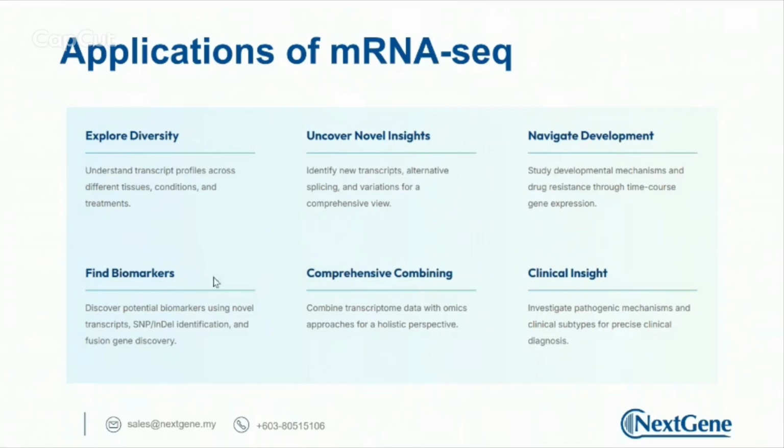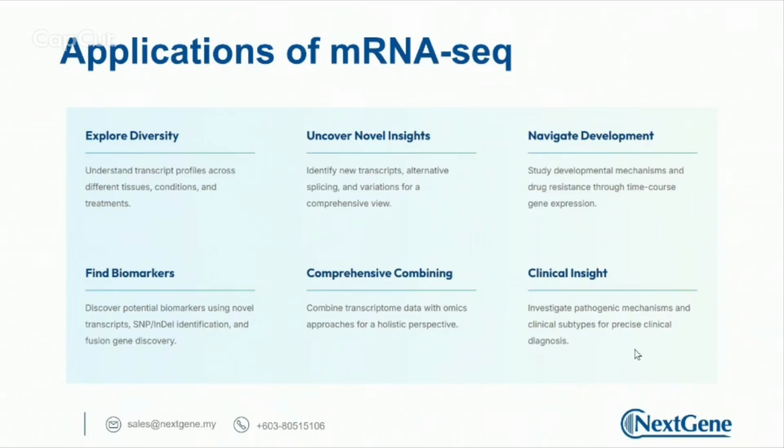So normally we will have multiple conditions, and then we can study the developments in terms of their expression profiles. And of course, this will help us identify useful biomarkers, and by combining with other omics data through multi-omics, perhaps epigenetics or genomics or genetics, we might be able to discover even more information.